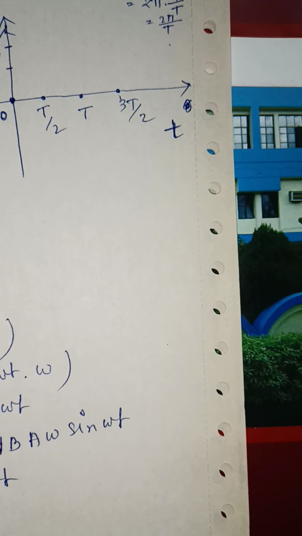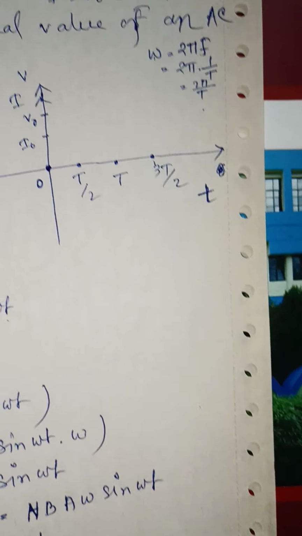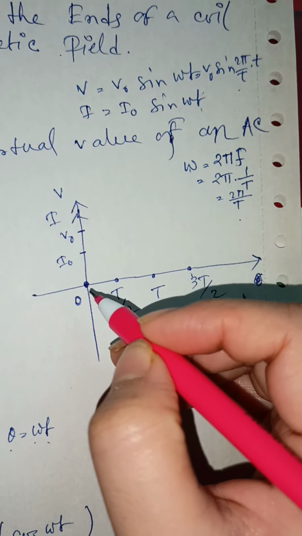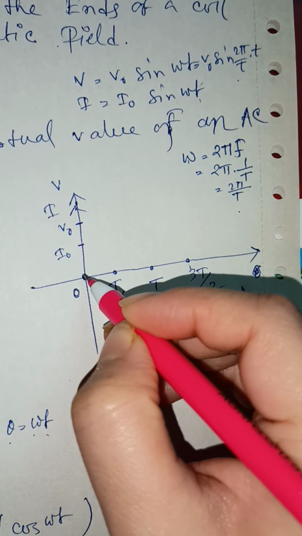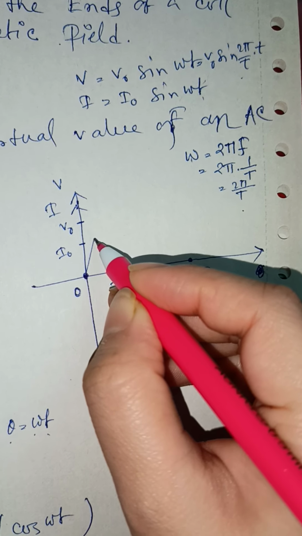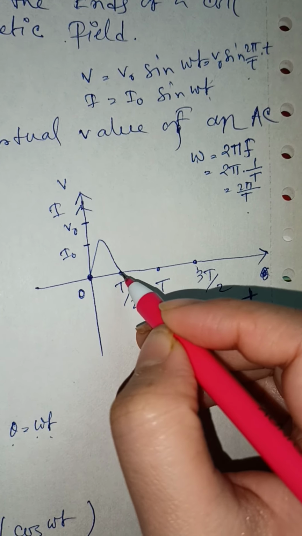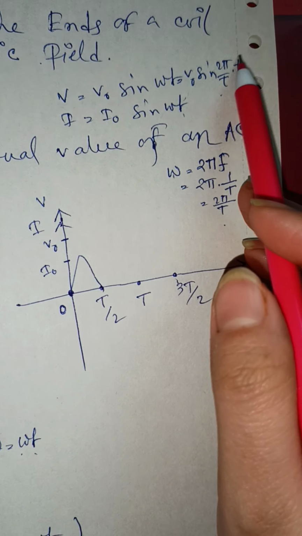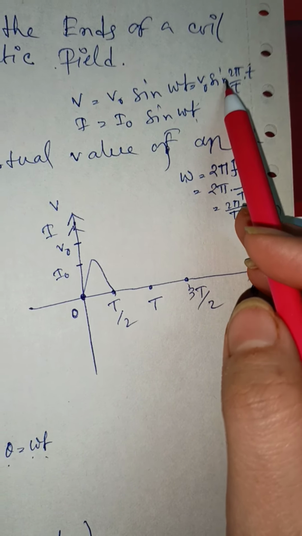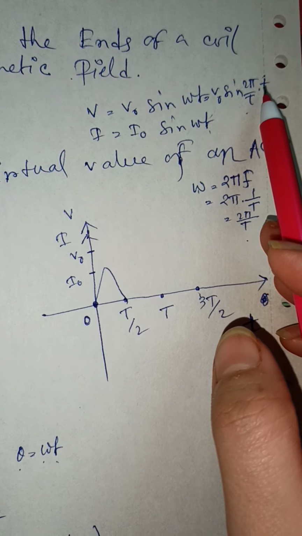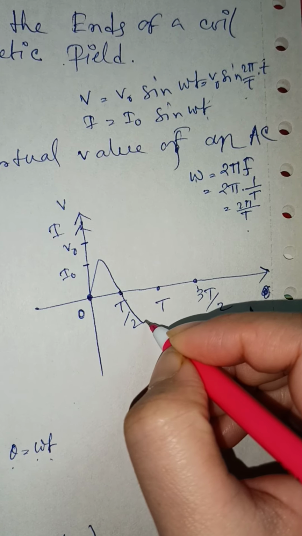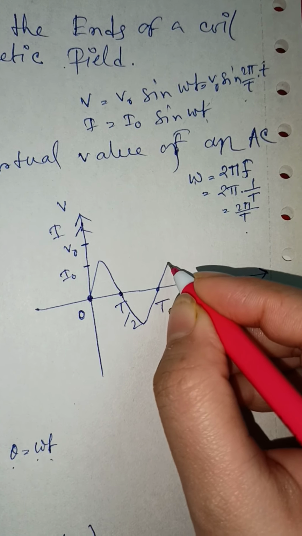Sine pi is again 0, so this one will be 0, and the graph looks like this. When t equals T, again T cancels, that means sine of 2 pi, which also equals 0, like this.